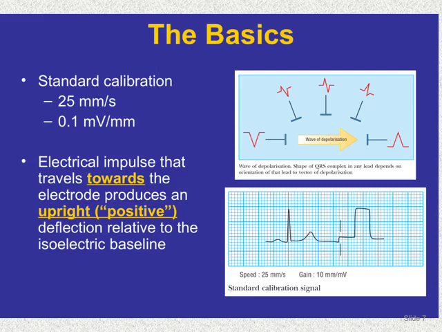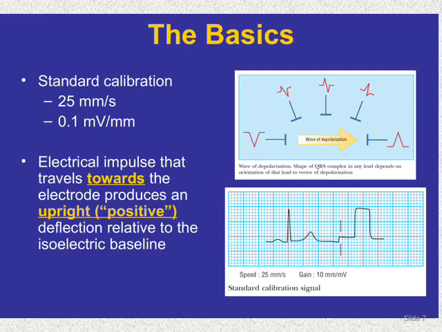They are based on the fact that an electric impulse which travels towards the positive electrode produces an upright deflection like this portion. The electric impulse travels to the electrode, so we have a dominant R wave. If it is away from the electrode, it will be mainly a negative S wave.